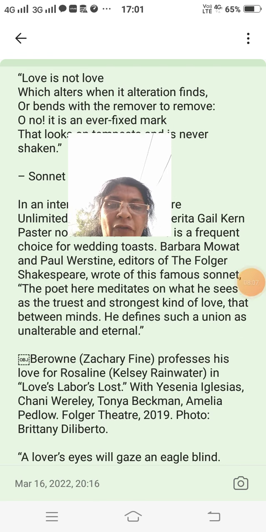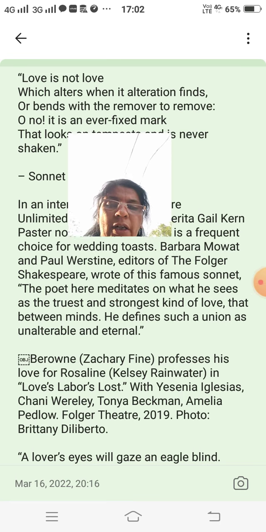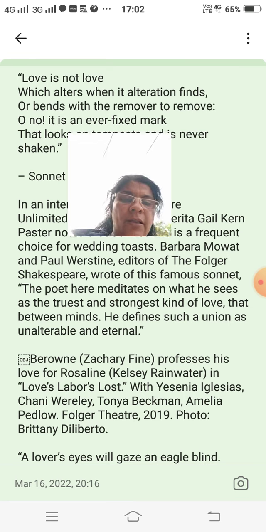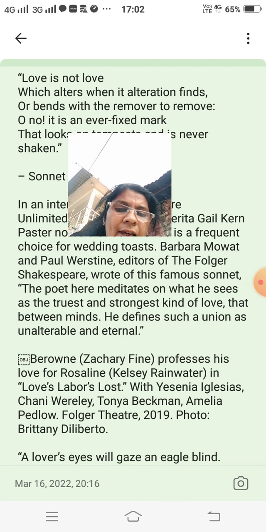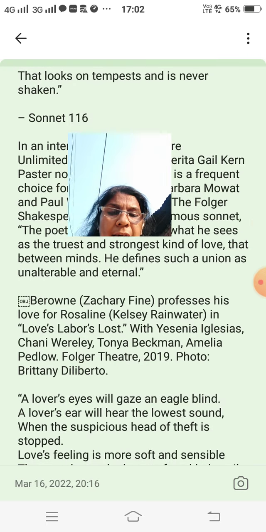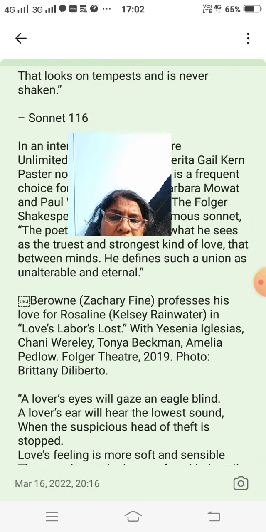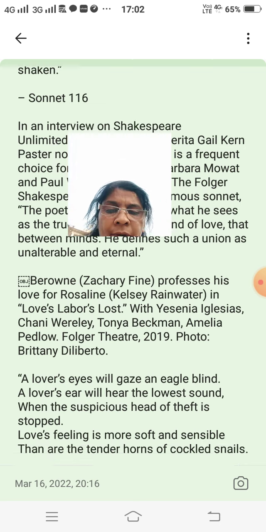So his love of Rosaline, Berowne says in Love's Labour's Lost: a lover's eyes will gaze an eagle blind; a lover's ear will hear the lowest sound when the suspicious head of theft is stopped.